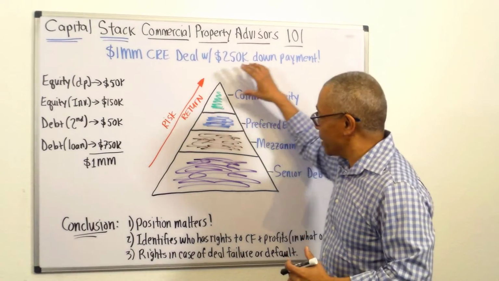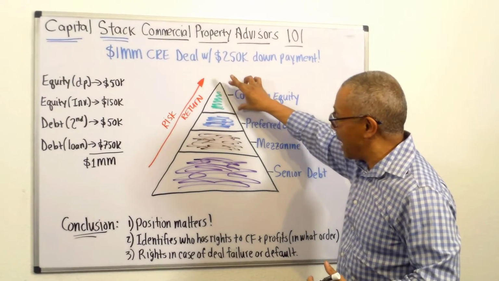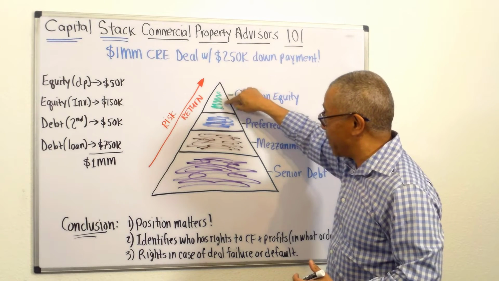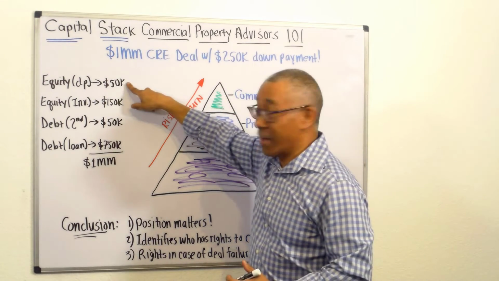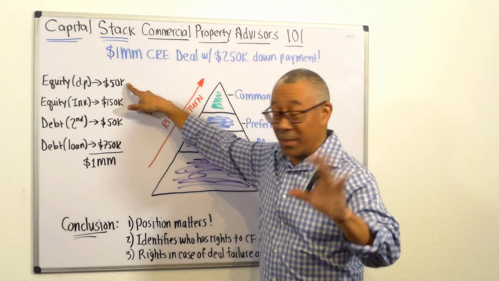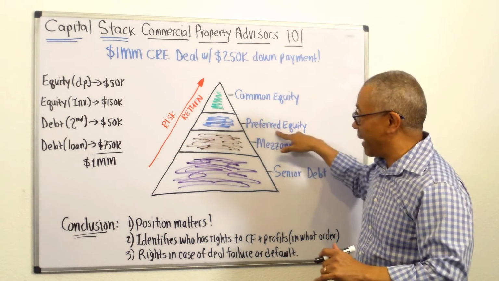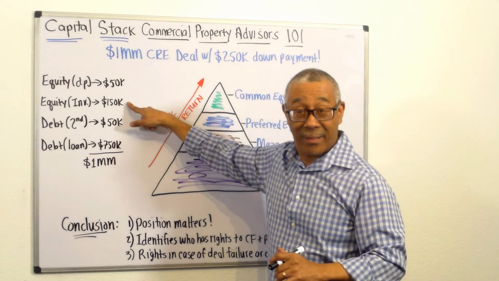The common equity, the top part of the pyramid, where it's the highest risk and highest return, is your money. That's your down payment. The preferred equity, right here, is the investor money. Got it?